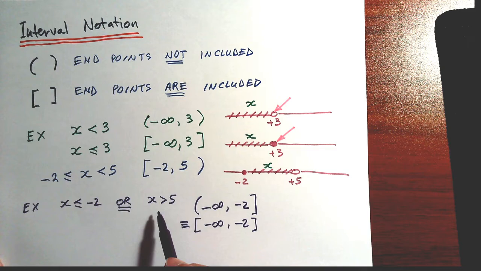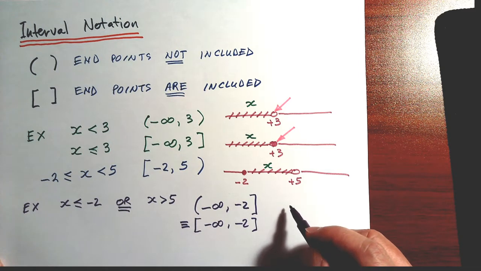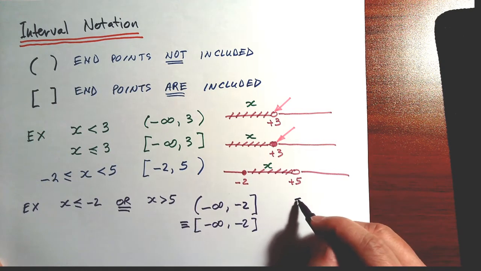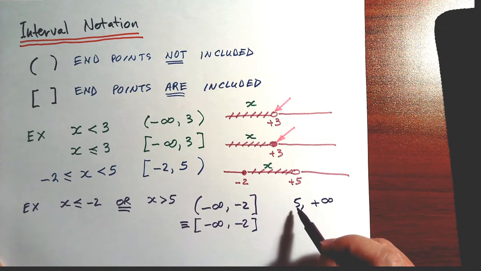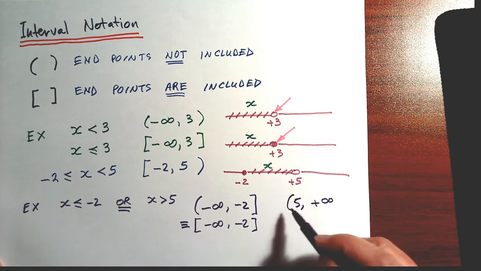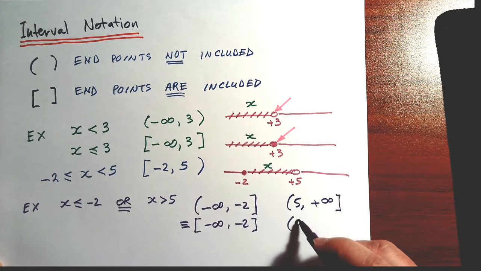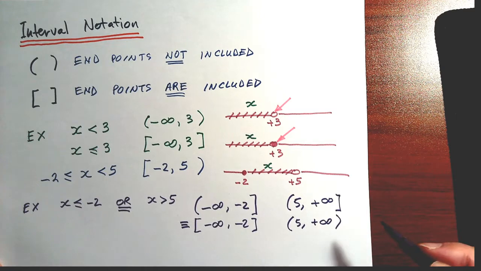And then for this term, you have x from 5 onwards, but excluding 5. So 5 up to infinity. If you want to exclude 5, you have to use round brackets, and then here you can use square brackets, or round brackets, for infinity.